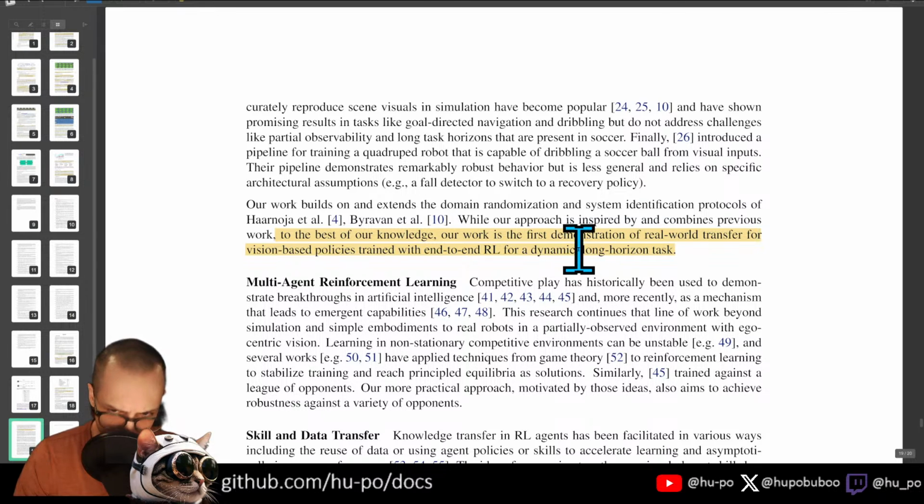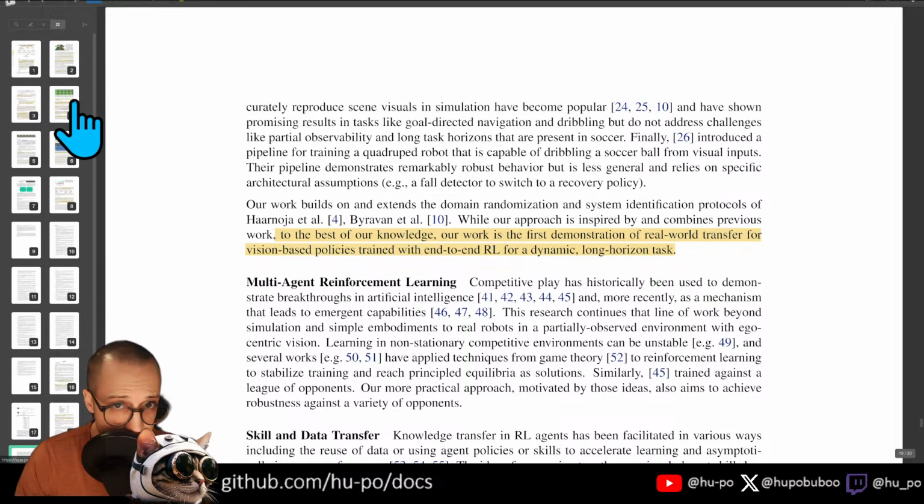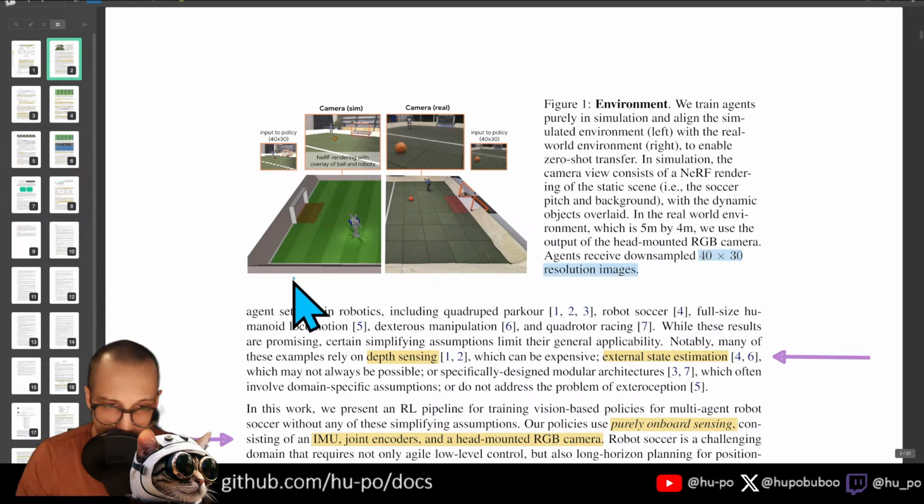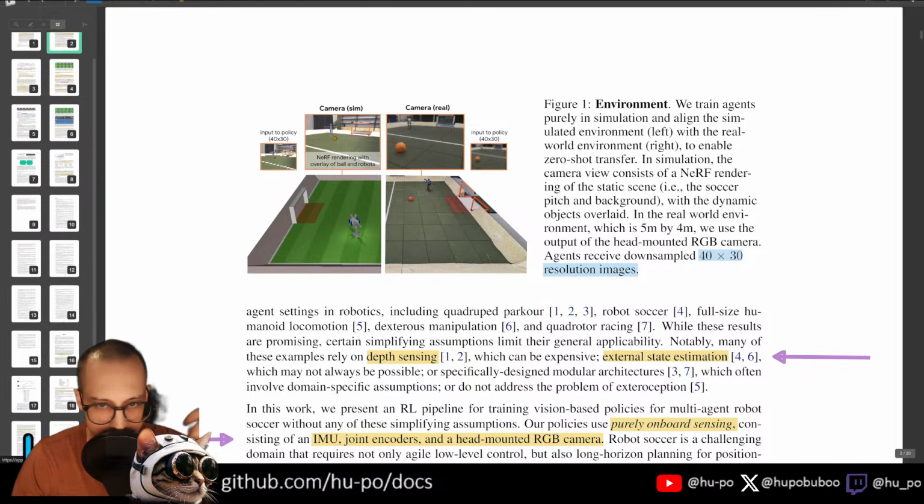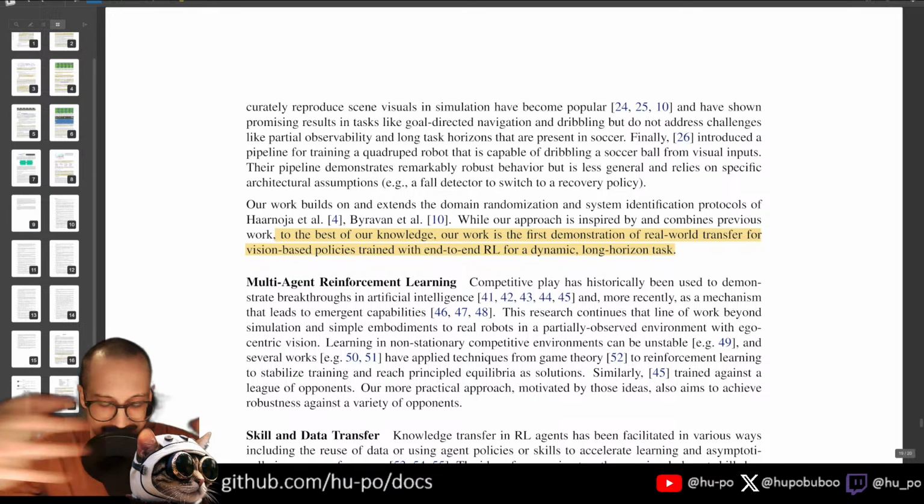Dynamic long-horizon tasks just refers to the fact that soccer or football, whatever you want to call it, is dynamic. There's a lot of stuff happening, stuff moving around. You have different agents. It's also long horizon, which means the length of a specific episode, the length of time that a game or a little one-on-one scenario takes, is quite long, right? And reinforcement learning is very sensitive to the duration of that episode. It makes reward stuff a little bit more complicated.